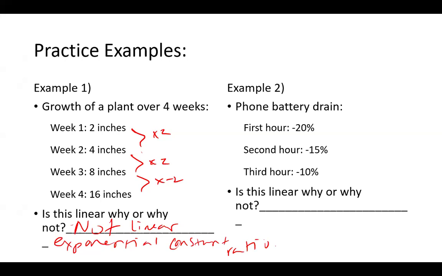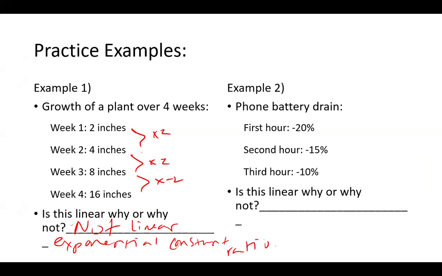I want you to take a minute, make your own decision. A phone battery drains. At the first hour, I was at negative 20%. At the second hour, I was at negative 15%. At the third hour, I was at 10%. Do you think it's linear or non-linear?